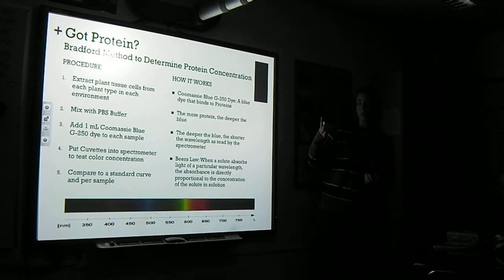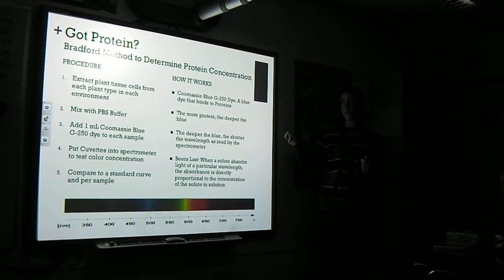And then I put the sample in a cuvette, I put it in a spectrometer, and then I look at what wavelengths are absorbed by the solution. And so basically the way it works, like I said, the dye bonds to a protein, and so the more protein there is, the deeper the blue, because there will be more binding.